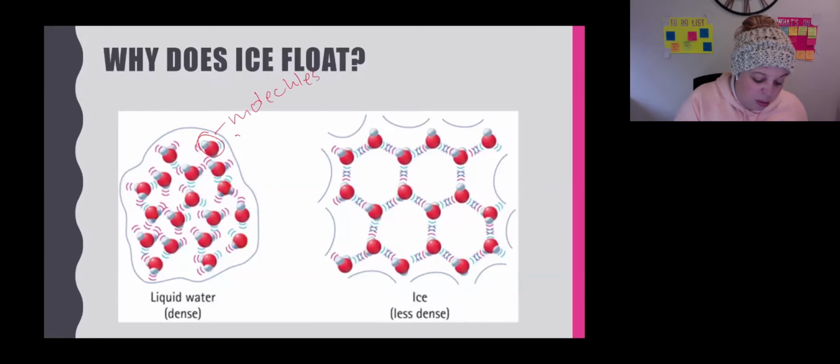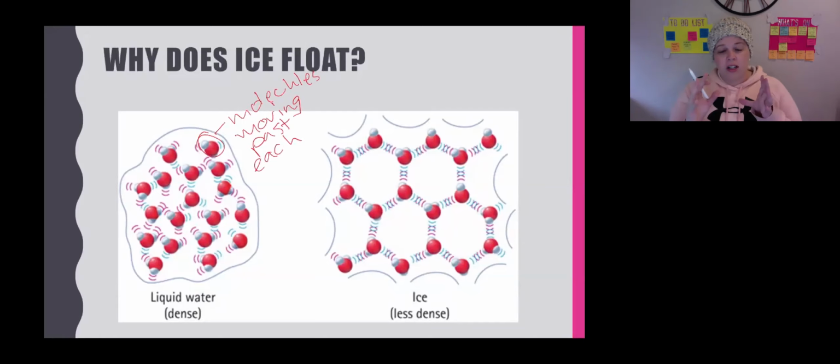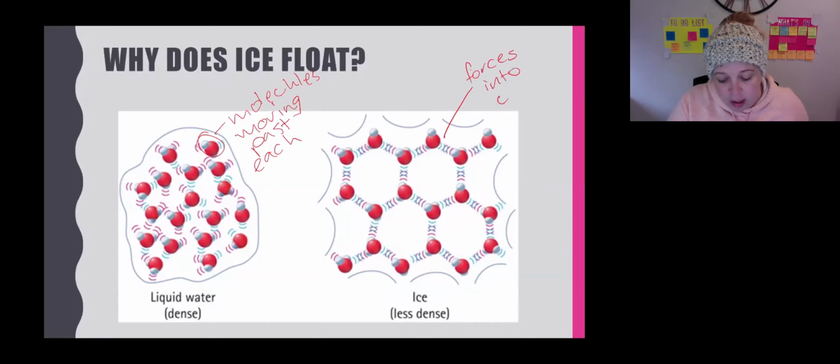As they start to slow down, that really strong force of hydrogen bonding forces them into what we call a crystal lattice, which is why ice has crystals.